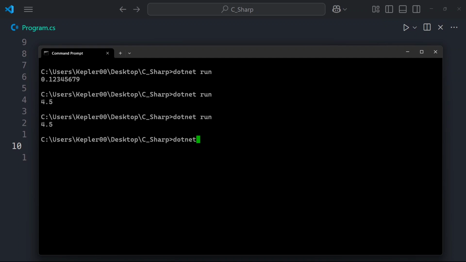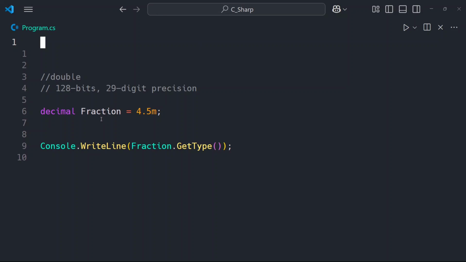We say dotnet run, and it'll tell us it's a System.Decimal. See, decimal. It's actually a System.Decimal.